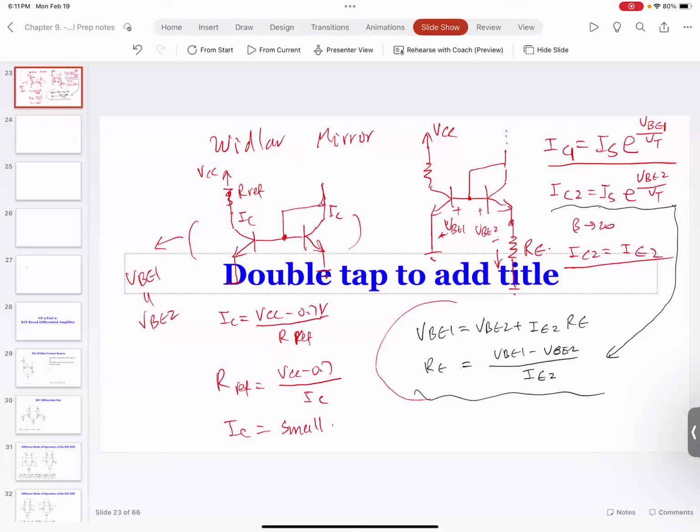But all these diagrams and equations are in the book, so you don't have to copy this, and it will also be in the slides.